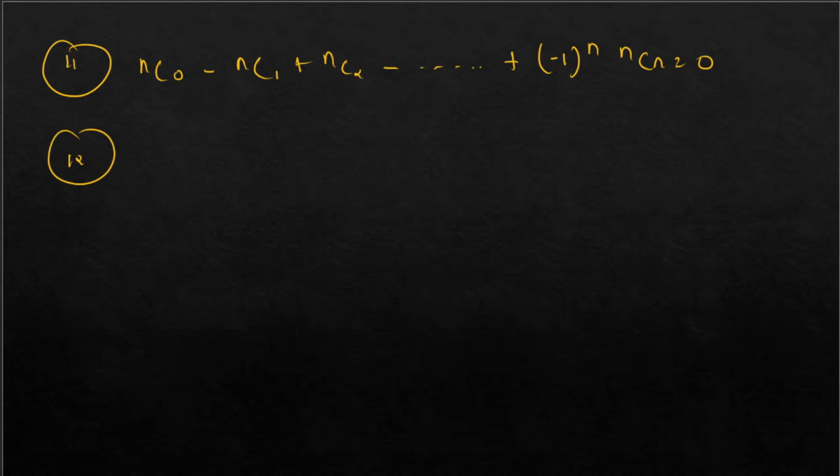So the 12th is 1 over 1 minus x. So it is like 1 plus x plus x square and so on.